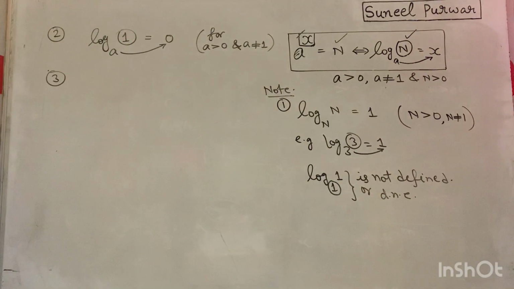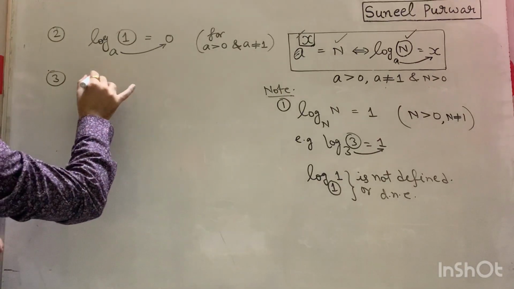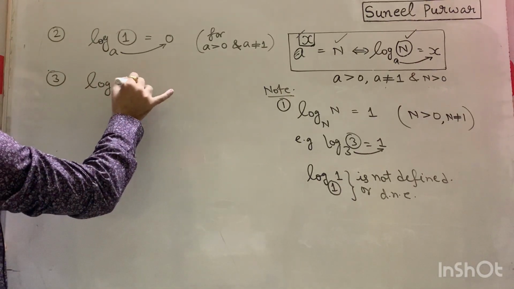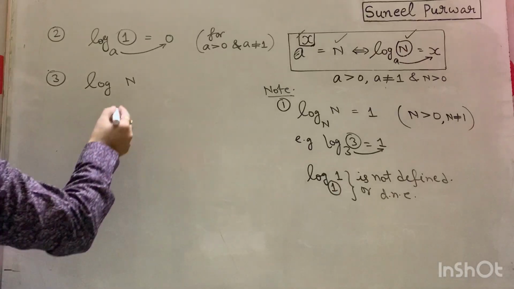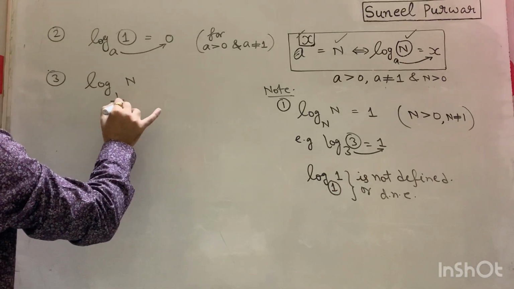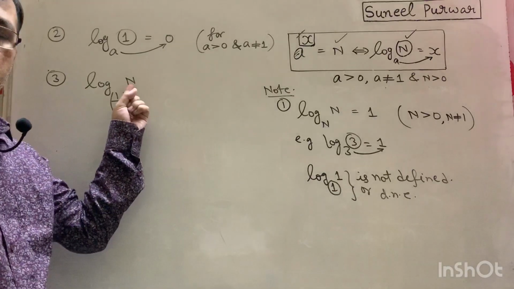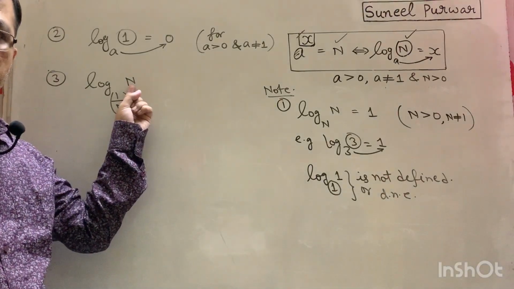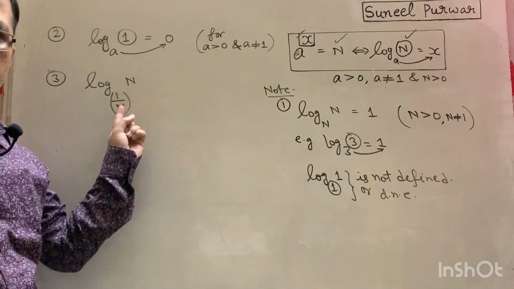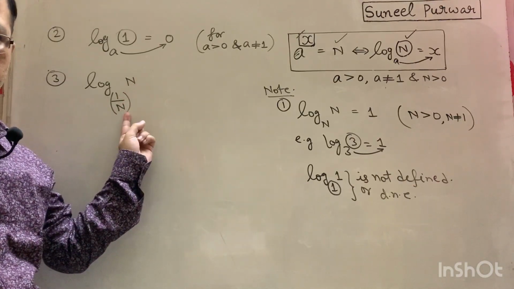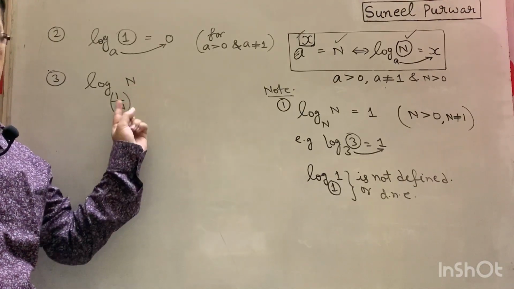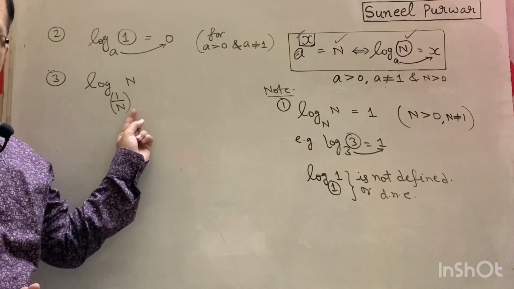Next. If log of n and say the base is 1 by n, that means the number whose log you are finding and the base are reciprocal of each other. What is the reciprocal of n? 1 by n. What is the reciprocal of 1 by n? n.